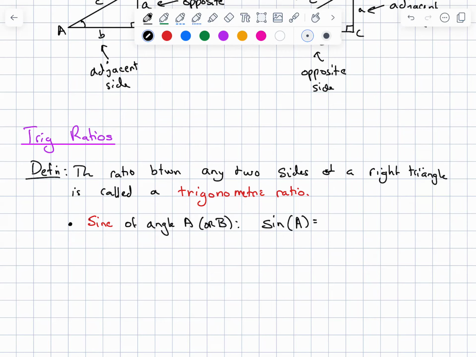So you can think of sine like a grouping symbol, like parentheses or brackets or absolute values. And sine is opposite divided by hypotenuse in relation to a triangle. So it's the opposite side over the hypotenuse.